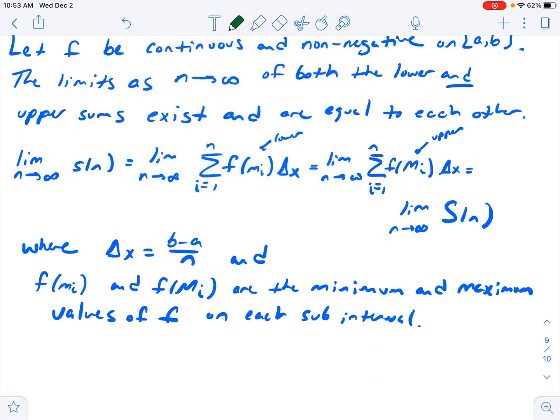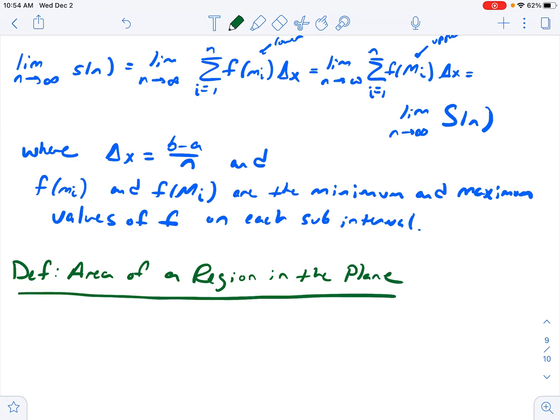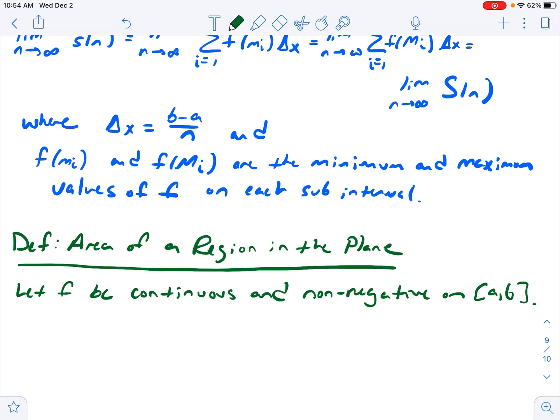Okay? And now let's talk about the definition of area of a plane region. A plane region is one that's flat. Definition: area of a region in the plane. Let f be continuous and again non-negative on the closed interval a, b.